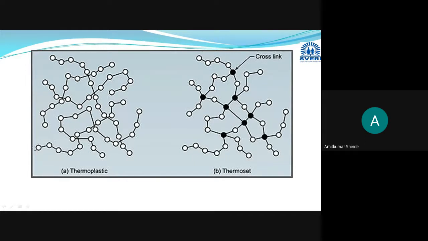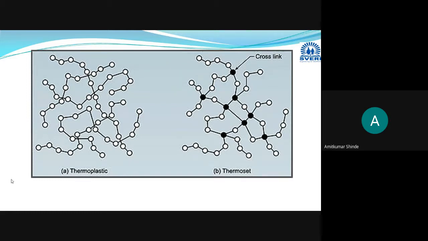And this single unit, this single molecule, will be a monomer. When these different monomers come together, they will form the polymer. That is a different part, I will discuss that later.